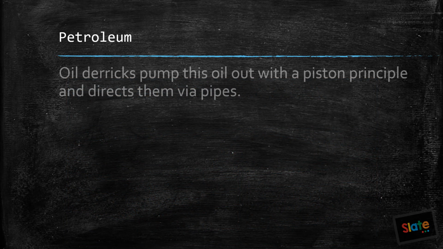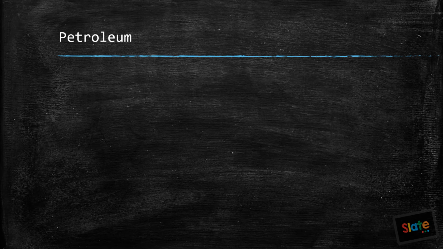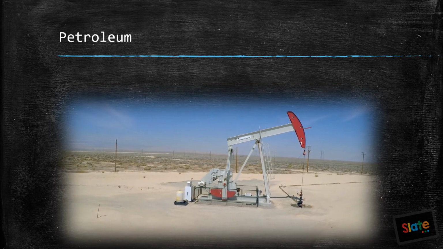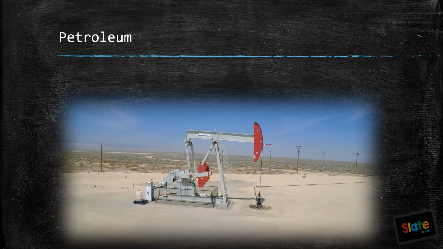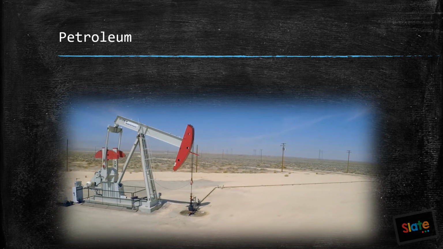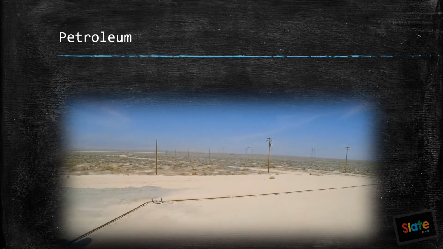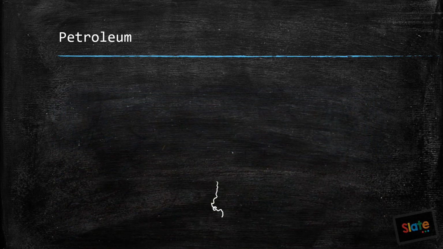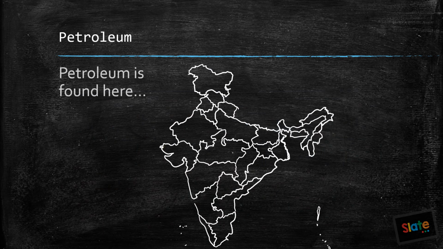Derricks as shown here are used to pump the oil out, with a piston principle, and direct it via pipes for consumption or refining. Petroleum reserves are found in these places marked here in India.